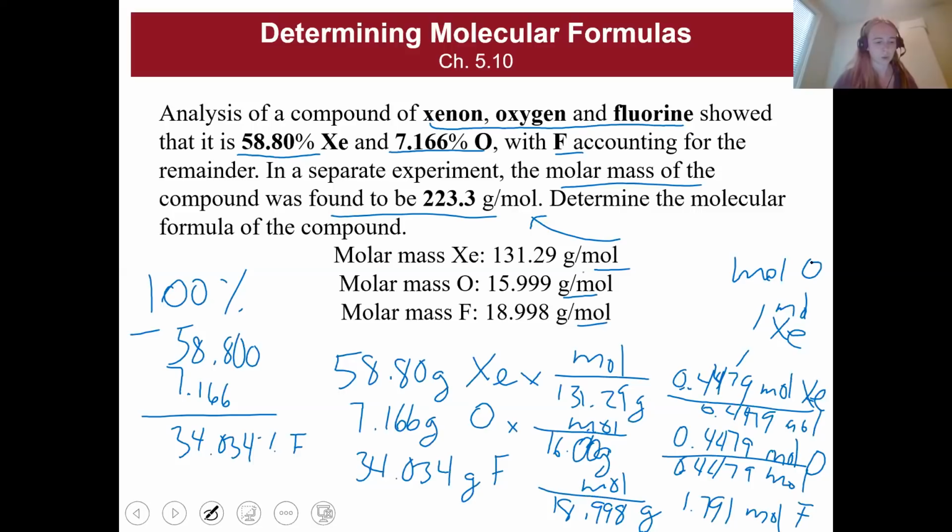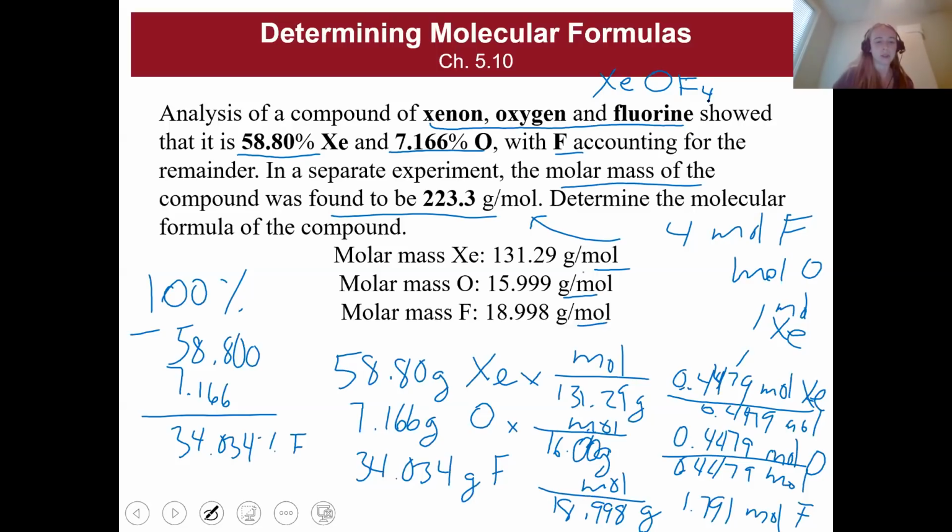All right, cool. That comes out to 4 moles of fluorine. So for every 1 mole of xenon and 1 mole of oxygen, we have 4 moles of fluorine. That gives us an empirical formula of xenon, oxygen with 4 fluorines. So XeOF4 is our empirical formula.